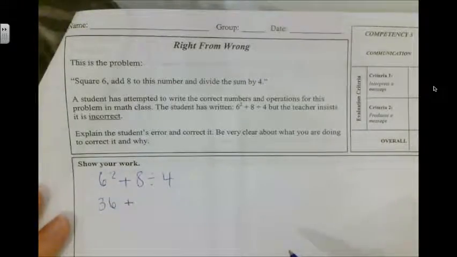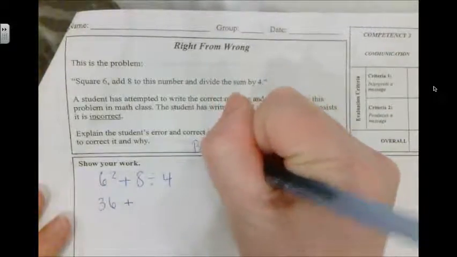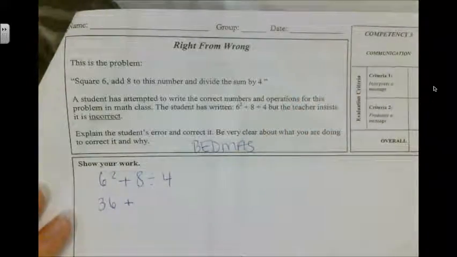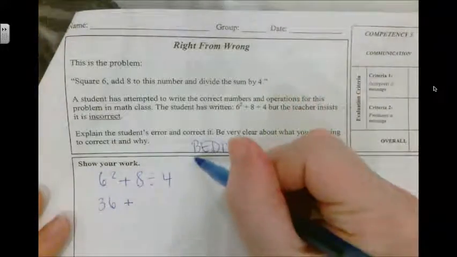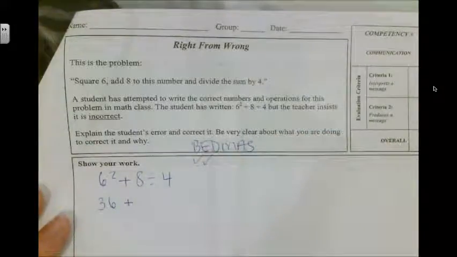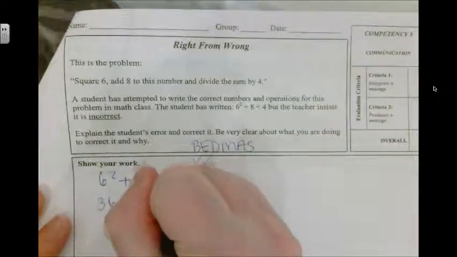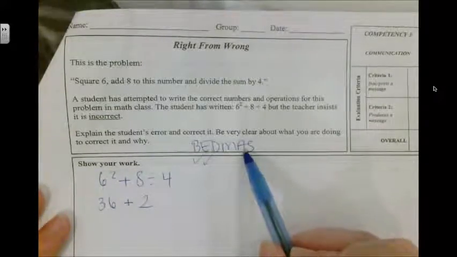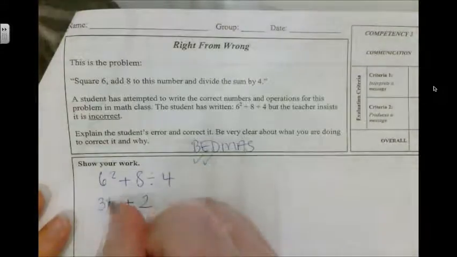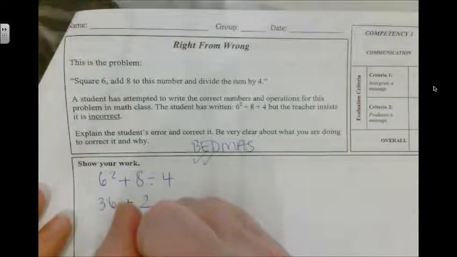Well, if we're following BEDMAS, which you can write in your questions for yourself because that's part of your work, by remembering that that's the order that you're following. Okay, if we get to this point, we would do this division, 8 divided by 4, so we would have 2, before the addition and subtraction. So this would be 8 divided by 4 is 2, and you would do 36 plus 2 is 38.